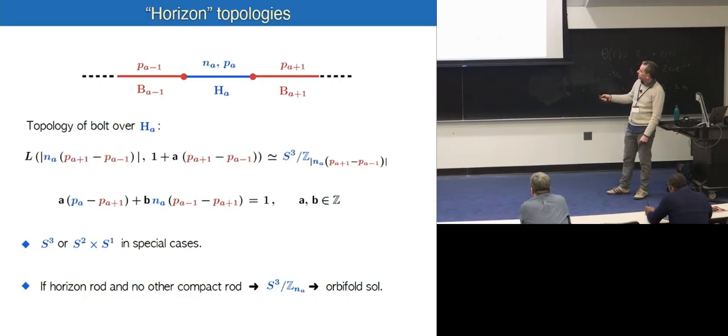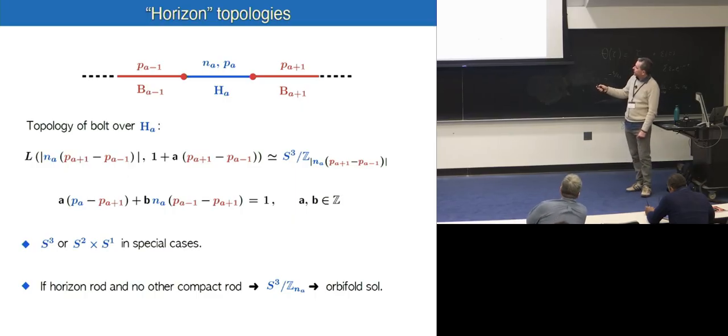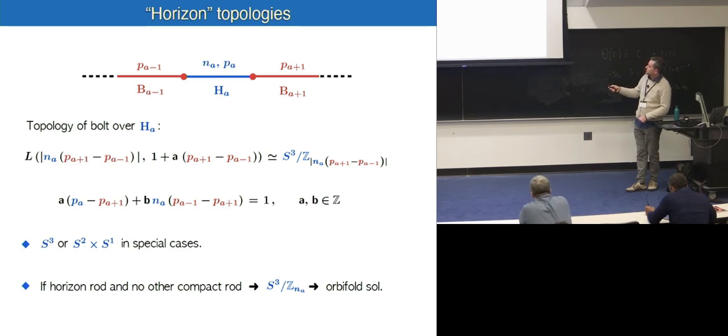It's quite complicated. There is this integer a that is obtained by solving this equation. The details, again, are not important, but what I want to emphasize is that here we have a lens space topology that arises. And this can boil down to just S3 or S2 times S1 in special cases if this becomes 1.